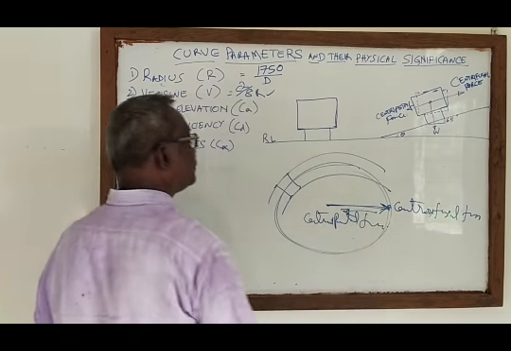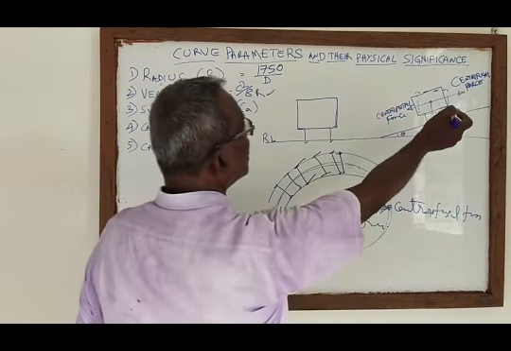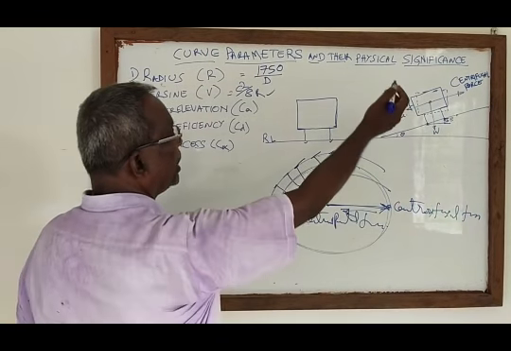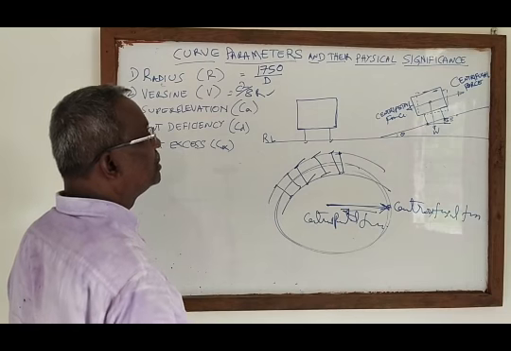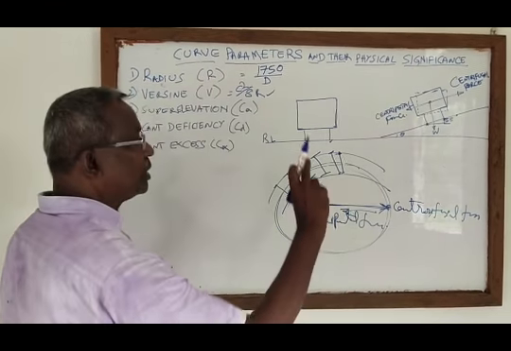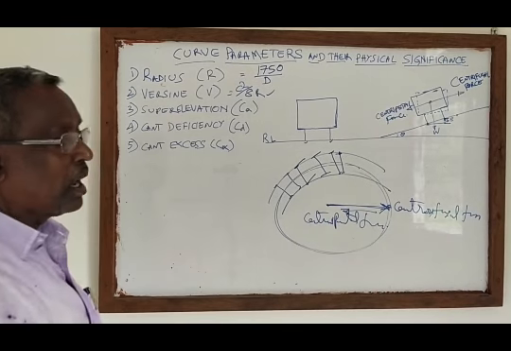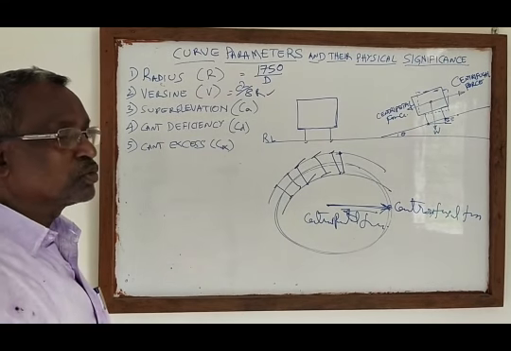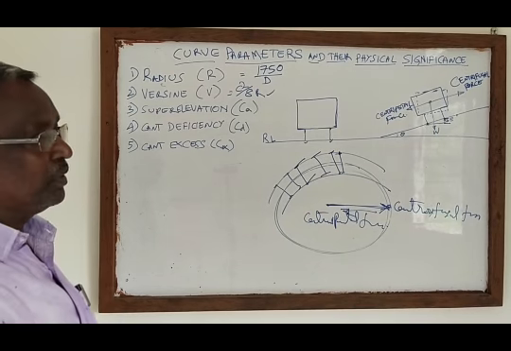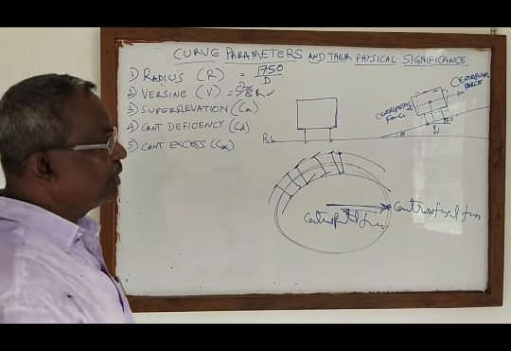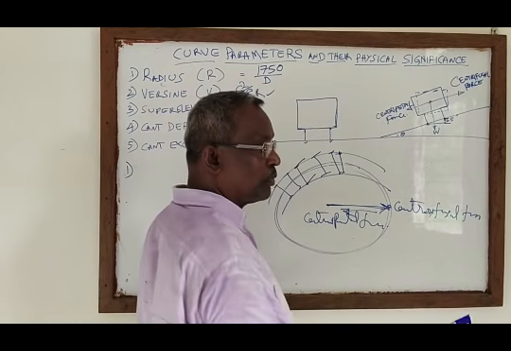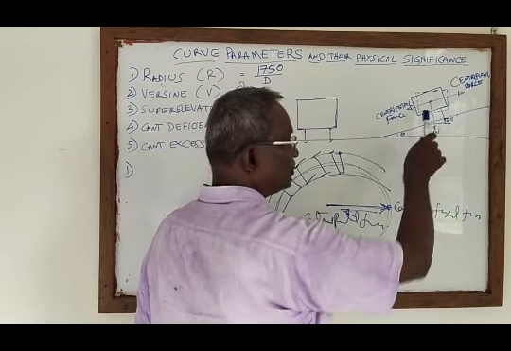To manage the effect of centrifugal force, we raise the outer rail to some extent with respect to the inner rail. This raise is known as superelevation or cant. After providing the superelevation, number one, better distribution of load on both rails.